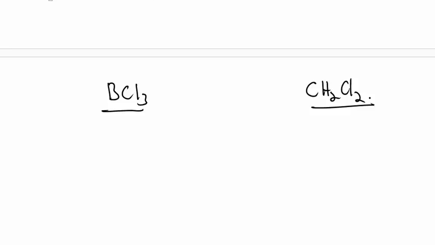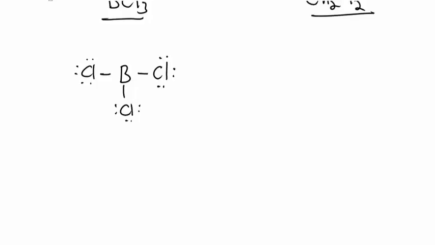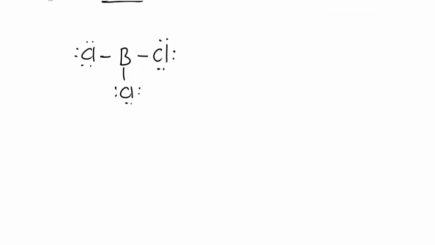For BCl3, you'll find that the Lewis structure looks like this, and you hopefully recall that boron is an atom that can take less than an octet. So you will not get an octet around the boron. And so there's only 3 bonds to the boron, which means it's trigonal planar.